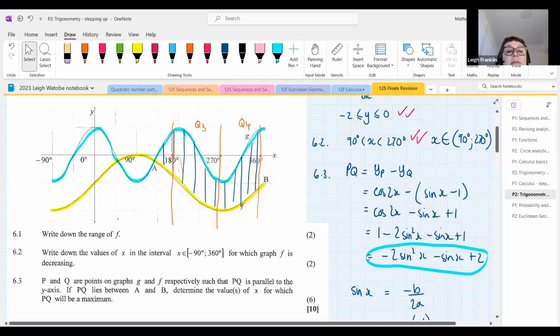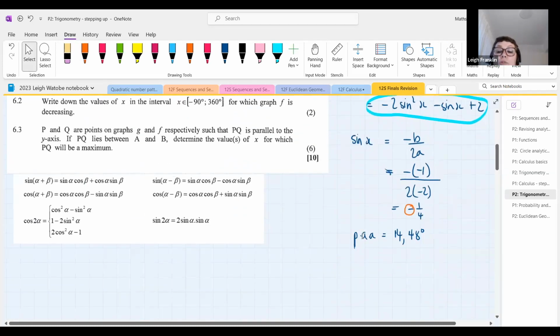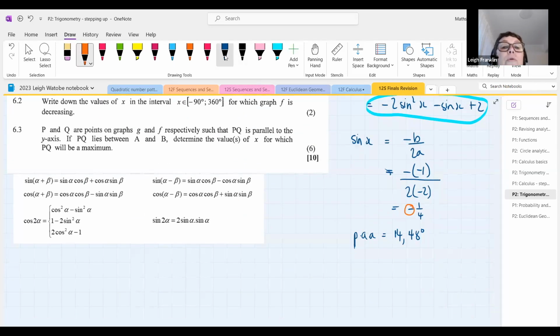Okay, so we're nearly there at our answer. For quadrant 3, we would say that x is equal to 180 plus 14,48, or it would be 360 minus 14,48 for quadrant 4.